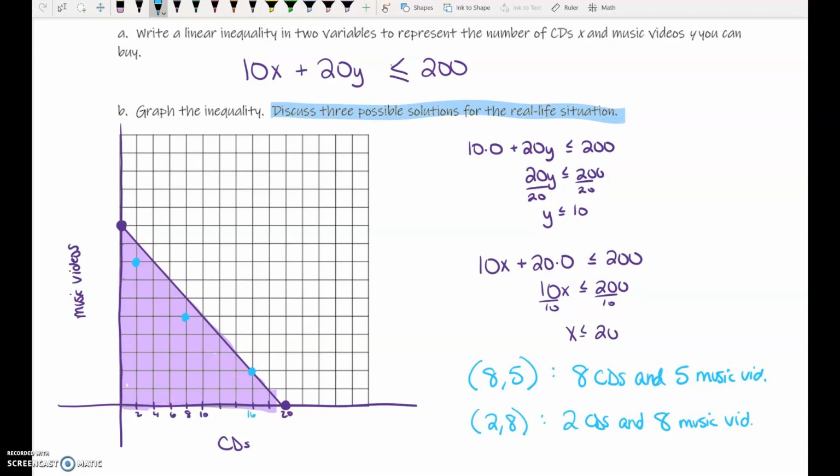We could buy 16 CDs and 2 music videos, and because that's right on the line, we would end up spending exactly $200 if we bought that combination. So this graph is just a visual representation of how many CDs and music videos we can buy to be within that $200 or exactly at that $200.